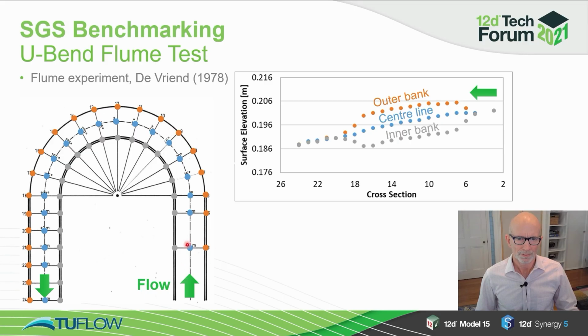The inertia of the water coming around the bend pushes it up higher on the outside of the bend, and to compensate for that, there's also a set down or lower water level on the inside of the bend, and down the centre is fairly uniform. So they're the measurements that were actually taken from this test.